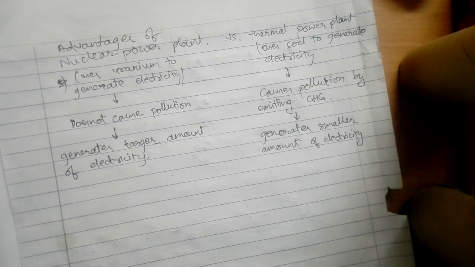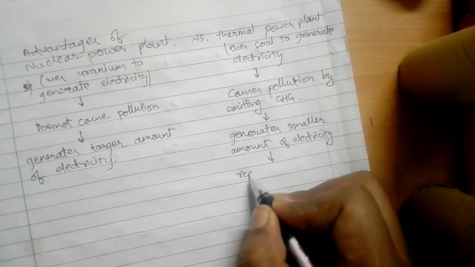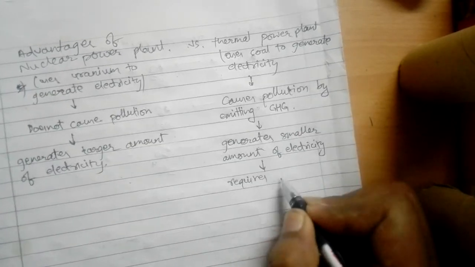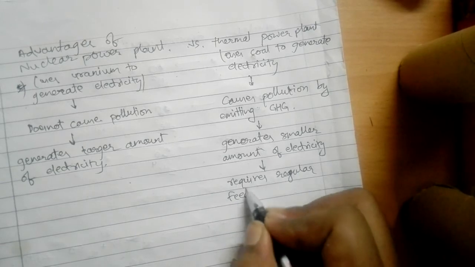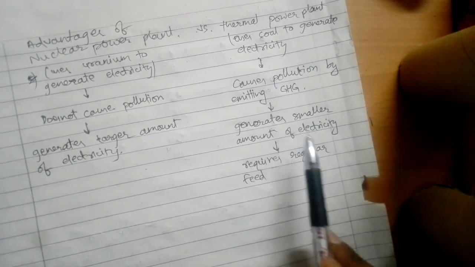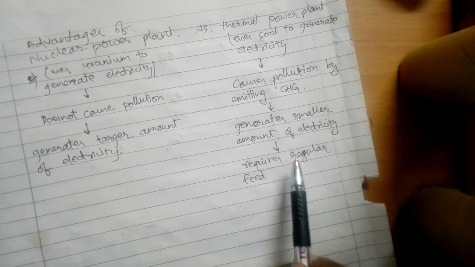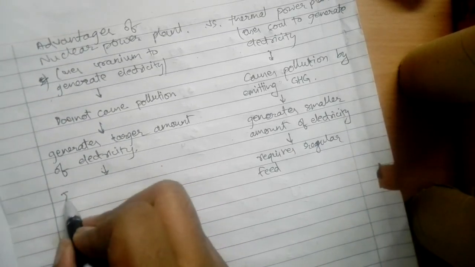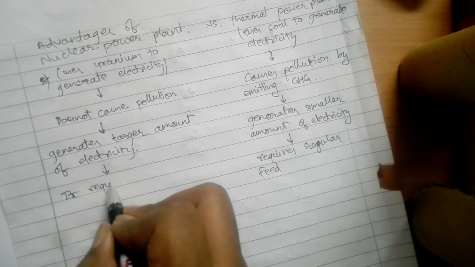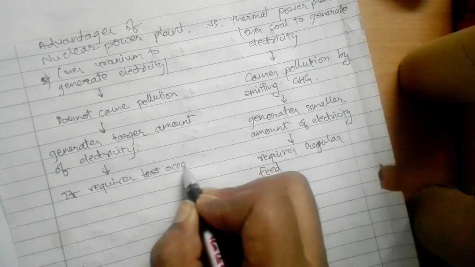Okay. And the next one is, it requires regular feed. That means every day you need to add coal. You need to feed coal in a thermal power plant. However, in a nuclear power plant, it requires less or occasional feed.